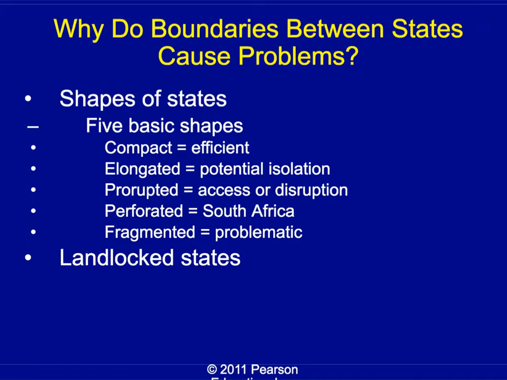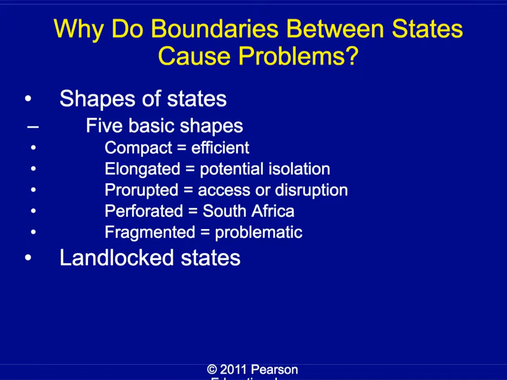The next kind is called an elongated state. This runs into what we call potential isolation. It is long and narrow, and there are several countries, and you need to note the 4 countries listed in the textbook on page 247. You need to note the countries like Malawi, Chile, Italy, and Gambia.